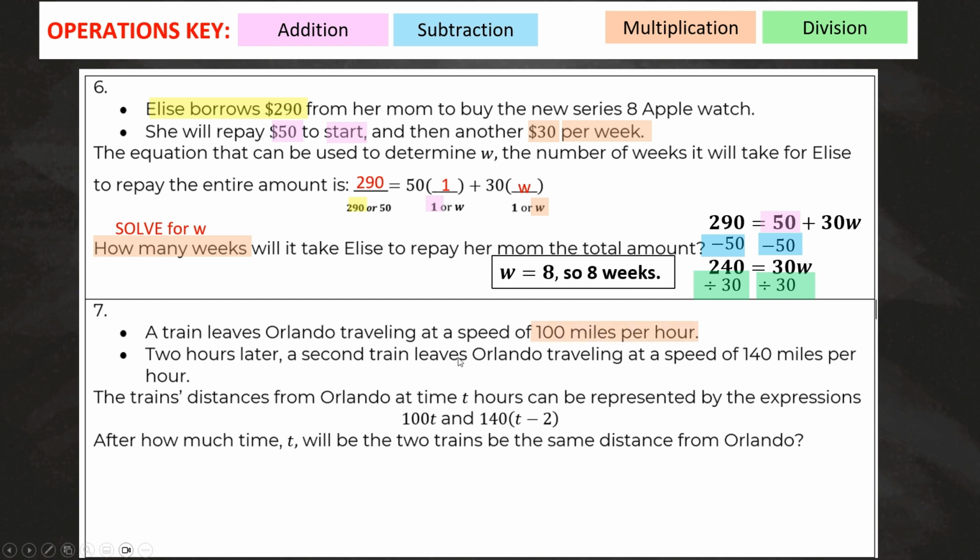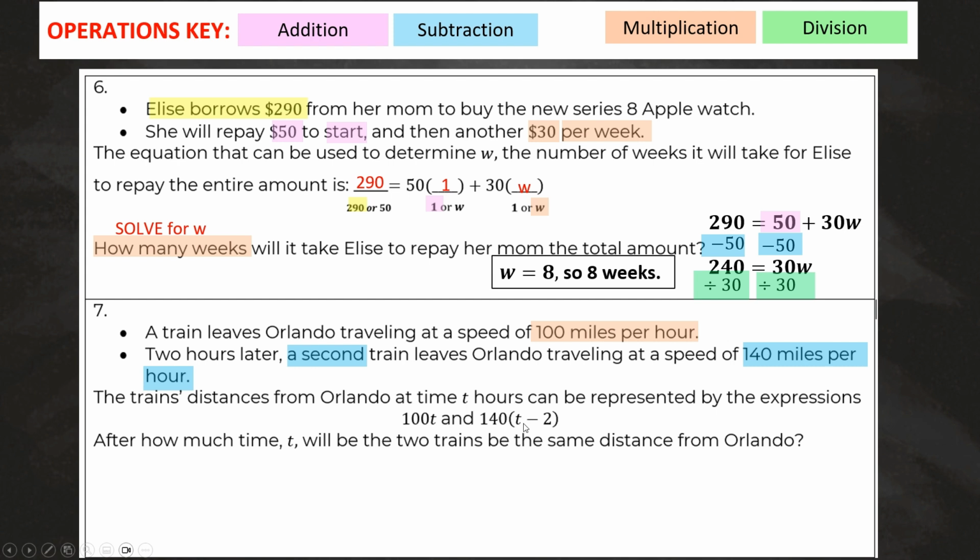Question number 7. A train leaves Orlando traveling at a speed of 100 miles per hour. 2 hours later, a second train leaves Orlando traveling at a speed of 140 miles per hour. So the trains' distances from Orlando at T hours can be represented by the expressions 100T and 140(T minus 2).